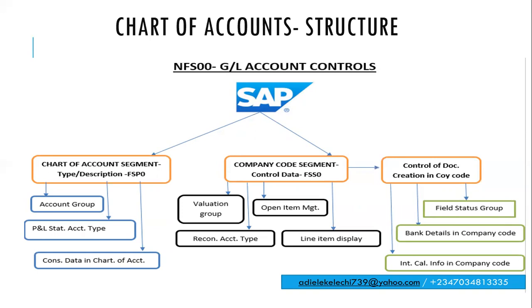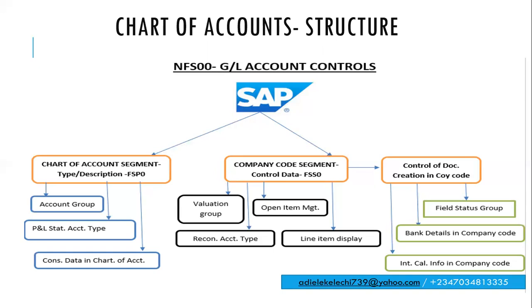In this segment, you have access to the account group, the P&L statement type and, depending on the version of SAP you're using, the consolidation data. Every company code within that client can have access to your chart of accounts segment.